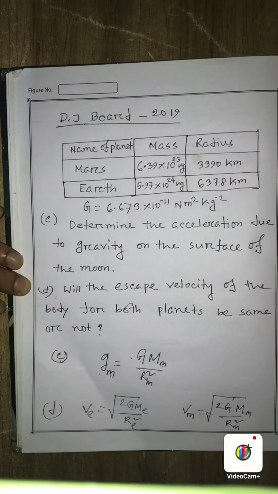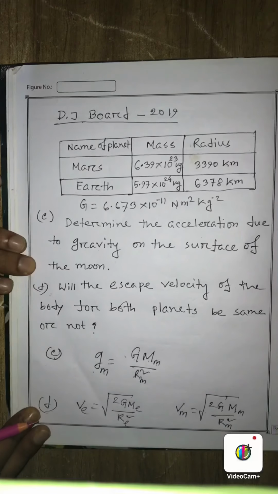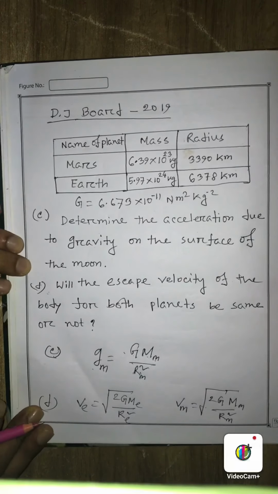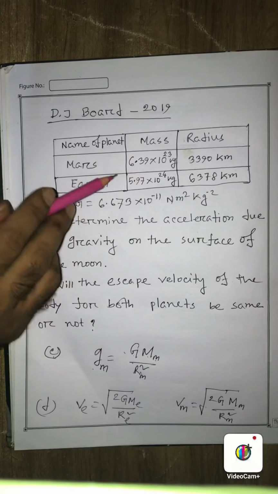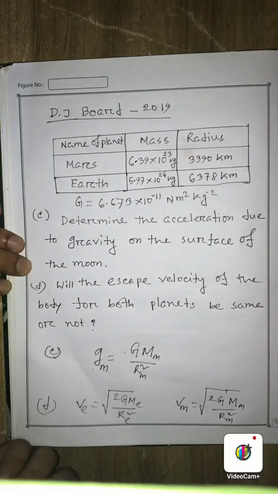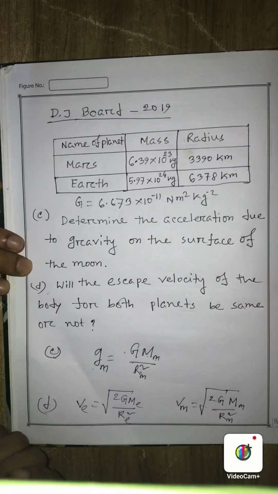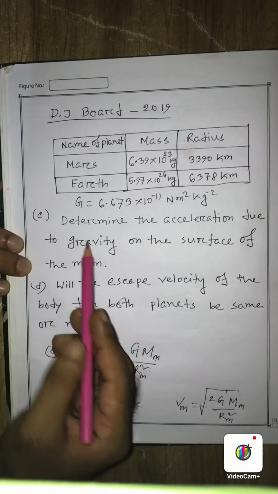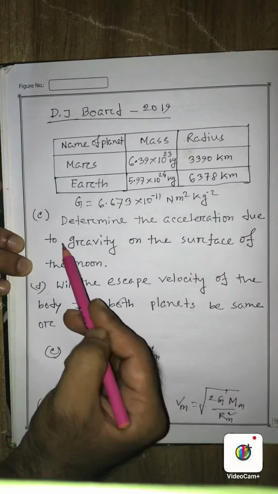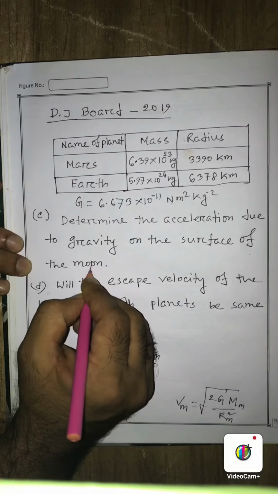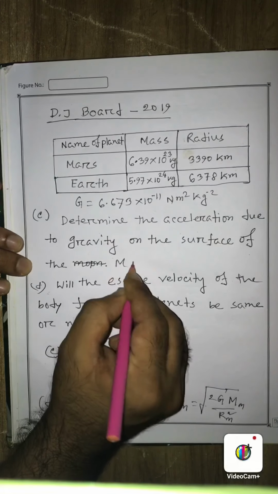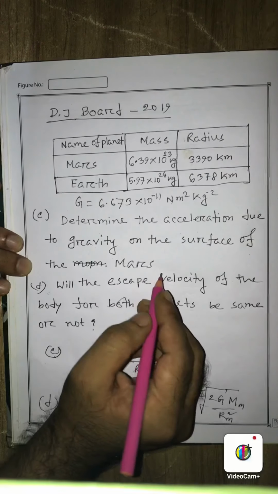Now we solve a creative question, Dinajpur Board 2019. Here the question gives the planets Mars and Earth, with their mass and radius. Question C: determine the acceleration due to gravity on the surface of Mars.